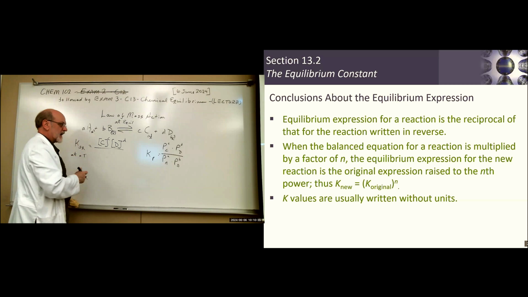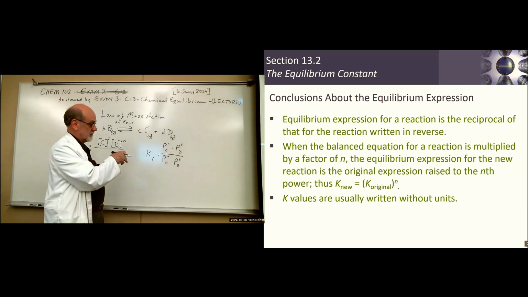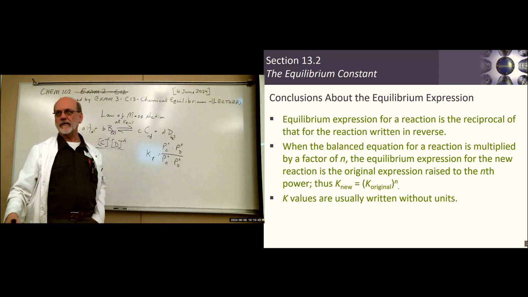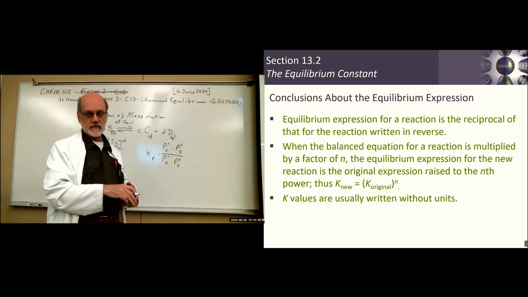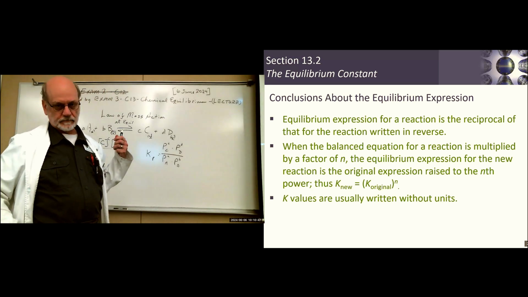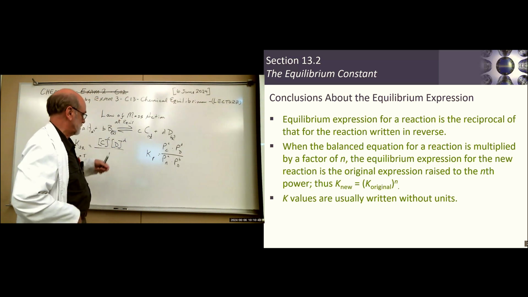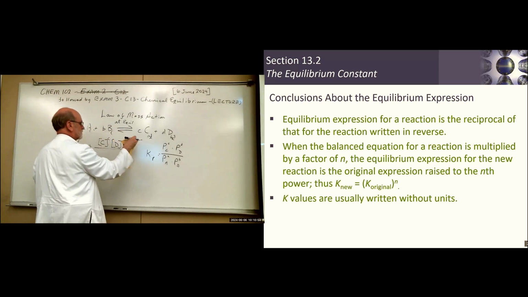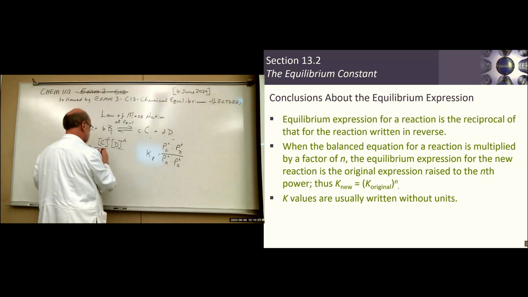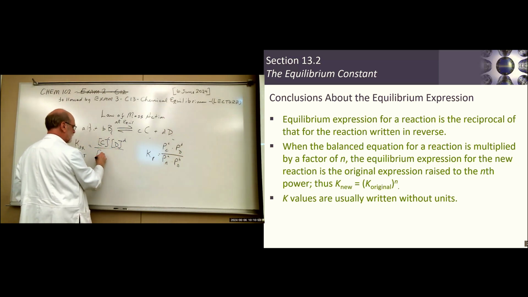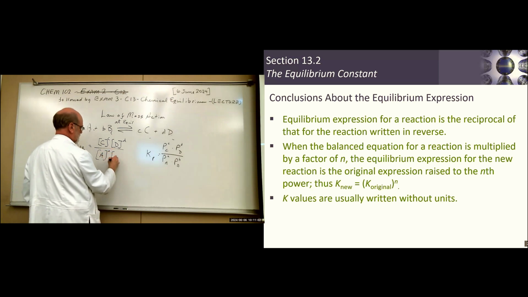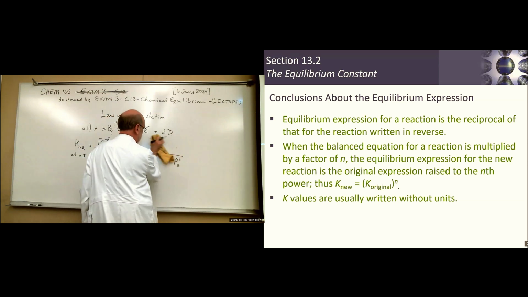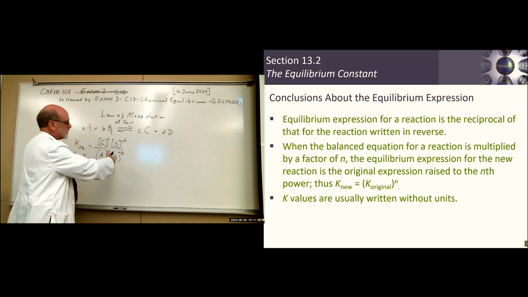Then what does that do to the K's? Because if you don't do the K's correctly with those changes, then your answer is going to be wrong. So these are the rules. If you reverse the equation, right? Let's put it back. Say these are all some type of concentration that does change. So we can rebuild it like this, like that, and that's a valid expression. So what if we flip that equation around?